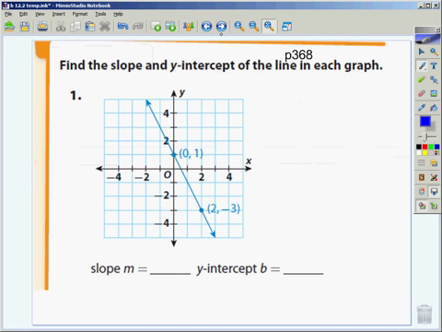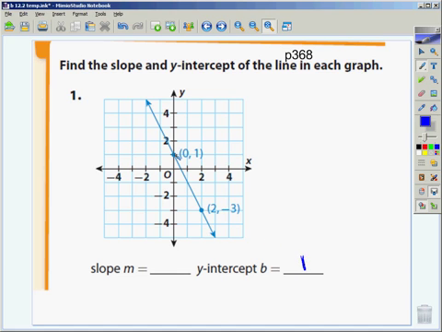Now I want you to look at page 368. If you're looking at a graph, which one's easier to find, the slope or the y-intercept? The y-intercept, because it is where it's going to cross that y-axis. And what is the y-intercept in this case? 1.